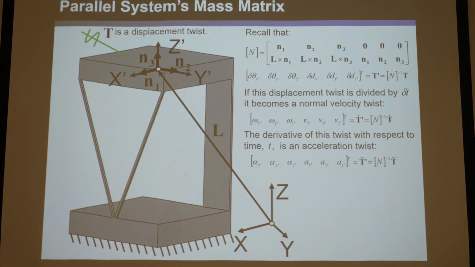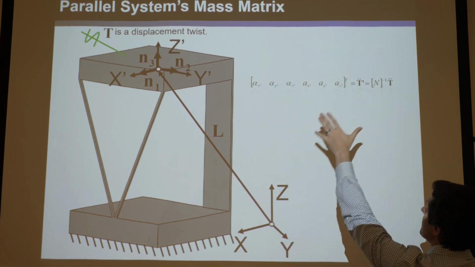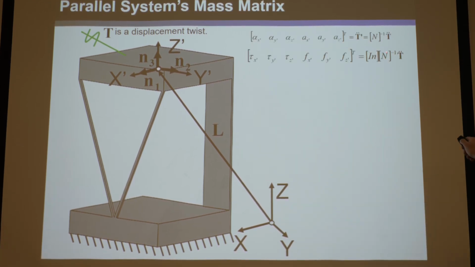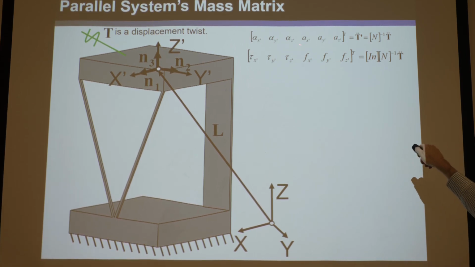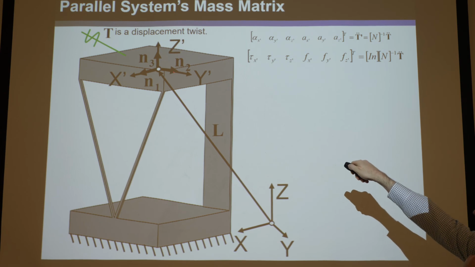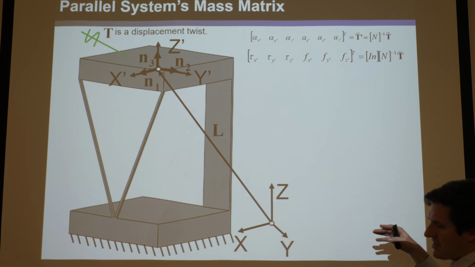Okay, so there's that, and then if you take that and multiply it by the inertia matrix, remember, this equals the 3 angular accelerations and the 3 linear accelerations at that point. If you multiply that by this inertia matrix, remember that it was just a diagonal matrix.